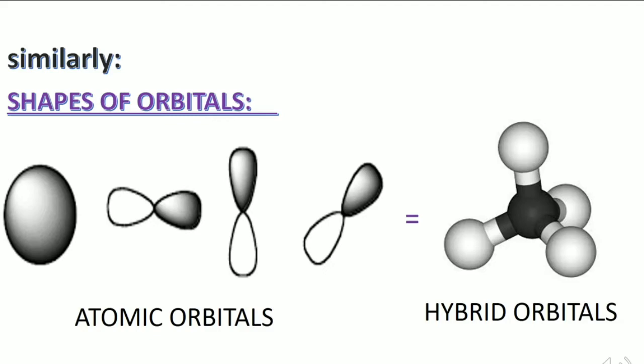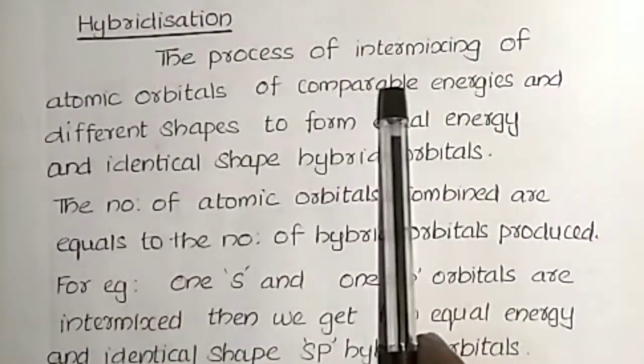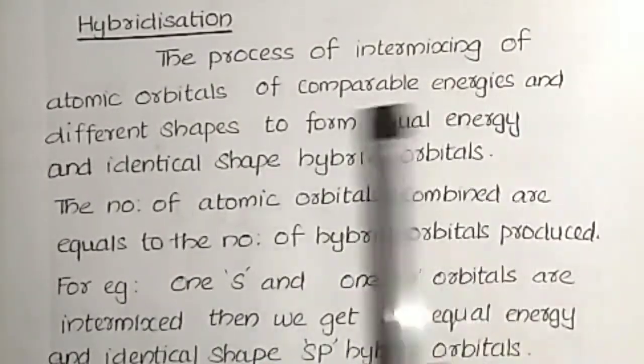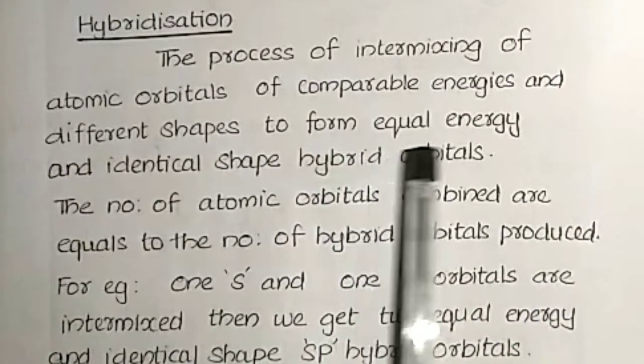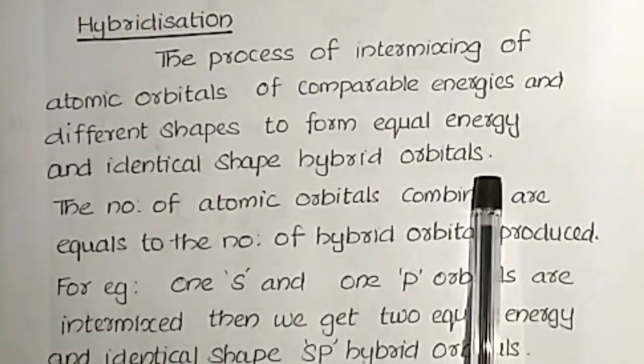These atomic orbitals are just like the ingredients of the tea, which are totally different from one another, whereas the hybrid orbitals are identical to one another. So, hybridization is the process of intermixing of atomic orbitals of comparable energies and different shapes to form equal energy and identical shape hybrid orbitals.